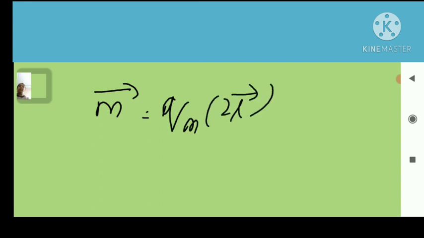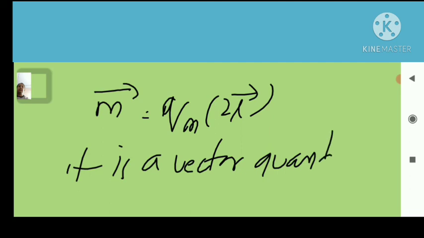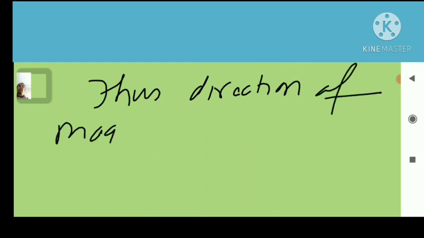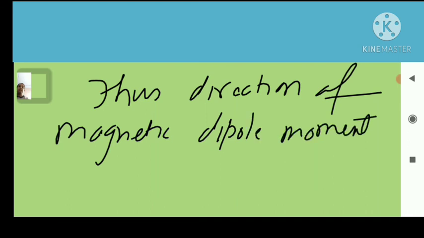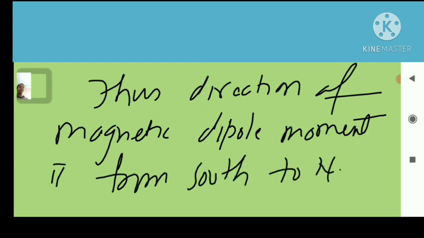Magnetic dipole moment is a vector quantity, that is QM times 2L. Thus the direction of the magnetic dipole moment is from south to north pole, which is very important.